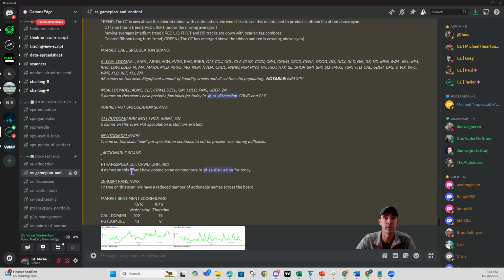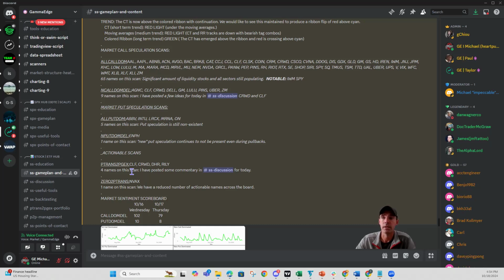Also, it was on the P-trans to PX scan, which is one of our core actionable scans. Once it crosses that P-trans positive transition level, if you've studied the GammaEdge framework, it's moving into that call-dominated environment, where call speculation continues to take control, and we look for the price to appreciate rapidly.